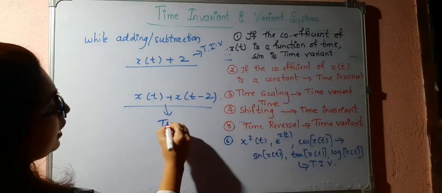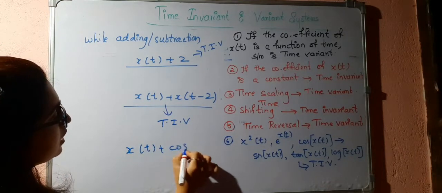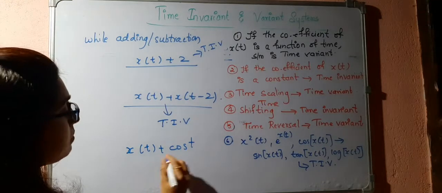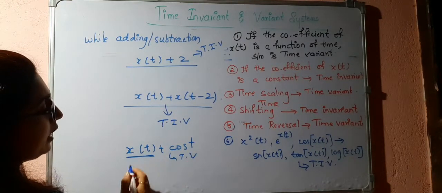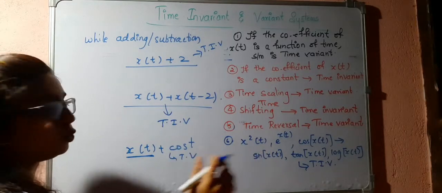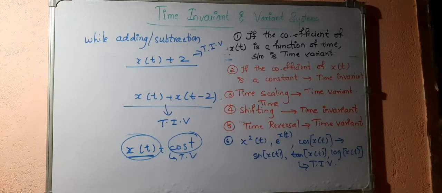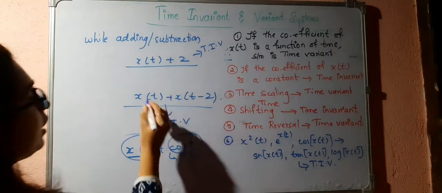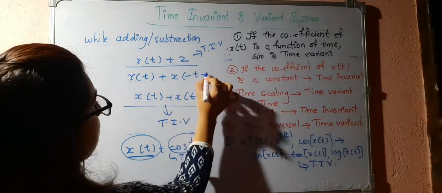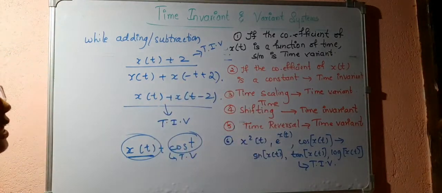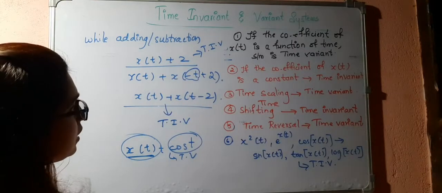But if I add x of t plus cos t, this becomes time variant, because while shifting the delay only this is affected, but while passing the output through the delay, both are affected. So that makes the system time variant. But if I have something like minus t plus 2, it becomes time variant because a reversal operation is performed on this signal.